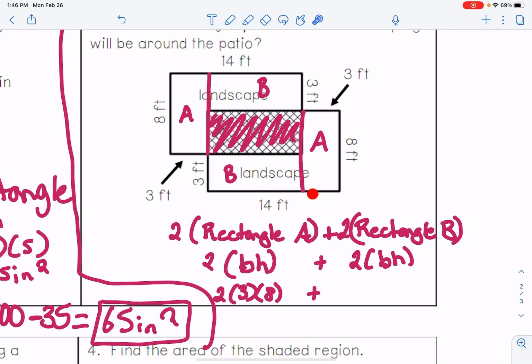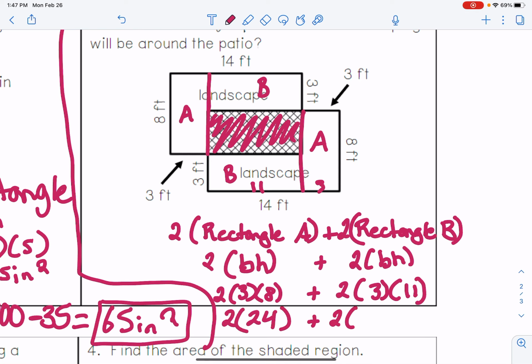Well, we know this length is 3. So if this is 3, what does the other side have to be? It has to be 11 for that whole distance to be 14. 14 minus 3 is 11. So for rectangle B, we're going to have 3 times 11. Let's simplify and add everything together. 3 times 8 is 24.